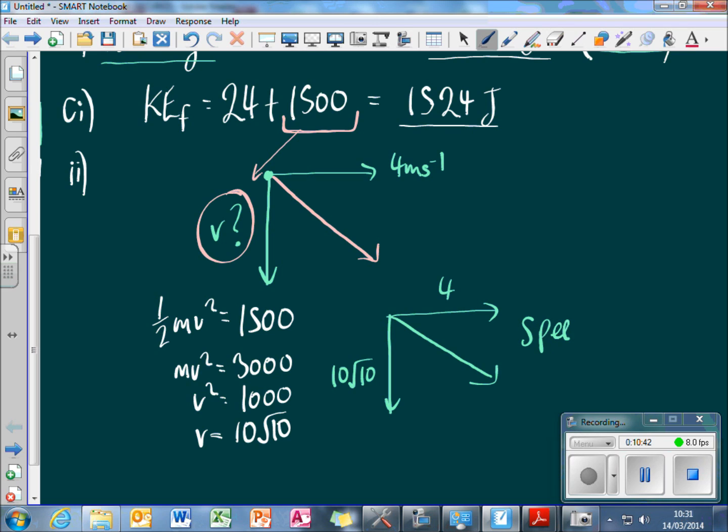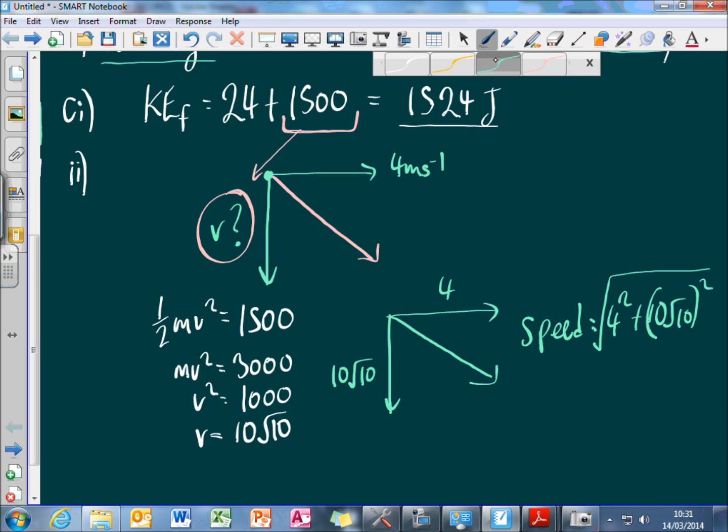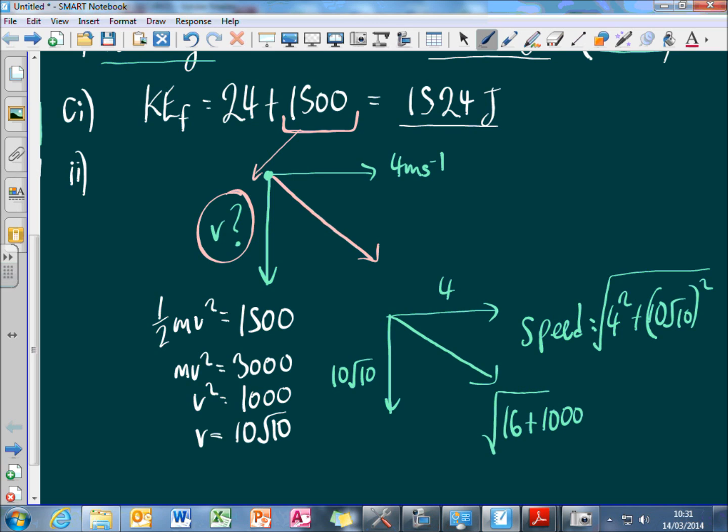The speed is going to be 4 squared plus 10 root 10 squared, square rooted. So it's going to be 16 plus 1000, square rooted.